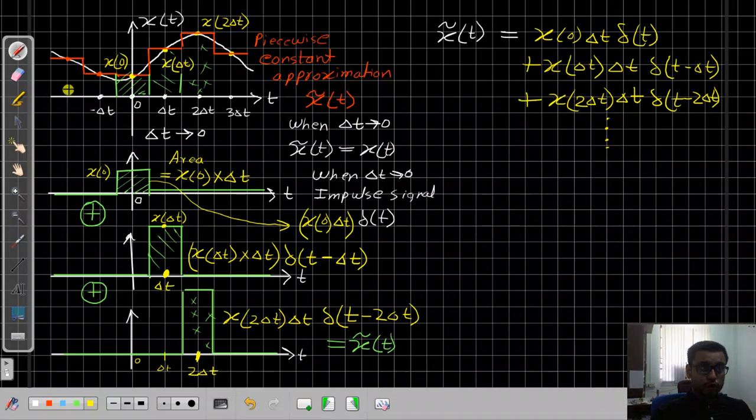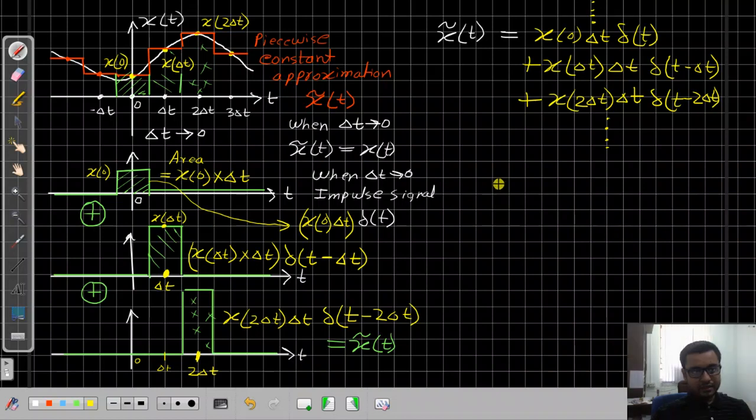You also have to add the pulses corresponding to the left side of t equal to 0, this pulse, etc. So this sum will continue on this side as well.